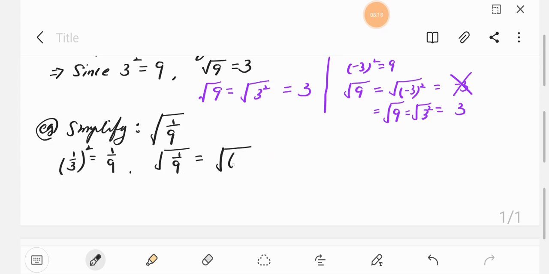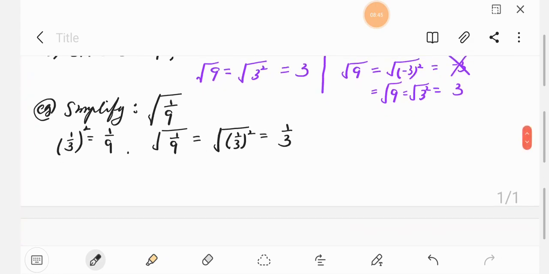So 1 over 9 is the square of 1/3. So the result is 1/3. Simple, isn't it? Very simple. So if you have a radical symbol, and the radicand is a perfect square, then the result is the base. Make the base positive. If the base is a negative number, make the base positive.